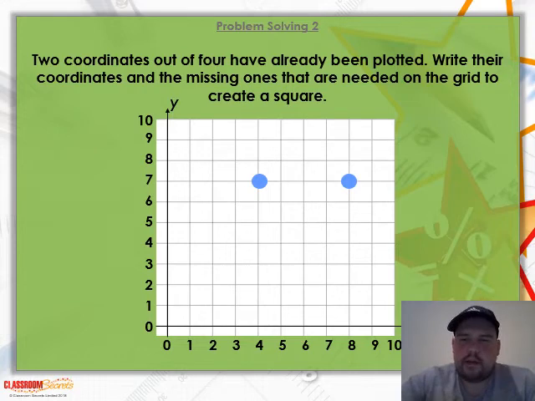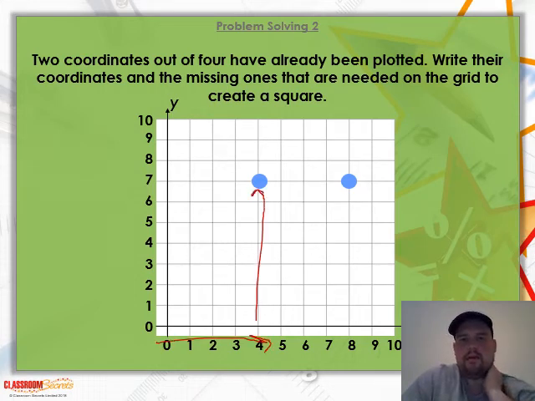This is my favourite question out of all of them, and the last one that we're going to look at all together. 2 coordinates of the 4 have already been plotted. Write their coordinates to start with. We'll do this one here. We'll go along to 4 and up to, what does it read across here? 7. So 4, 7. This is the coordinates here.